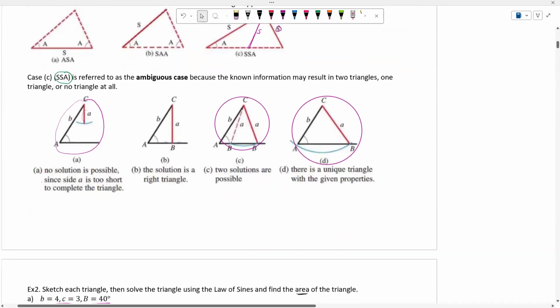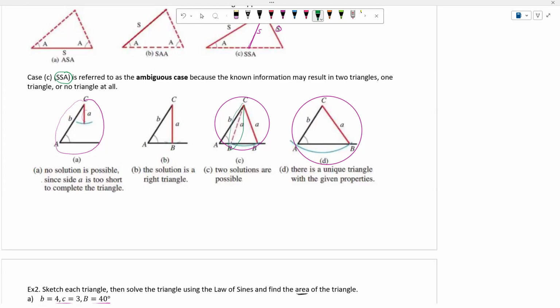You may have one triangle, which we already found, or two triangles, two solutions, or something else. How do I know that we are going to end up with two triangles?